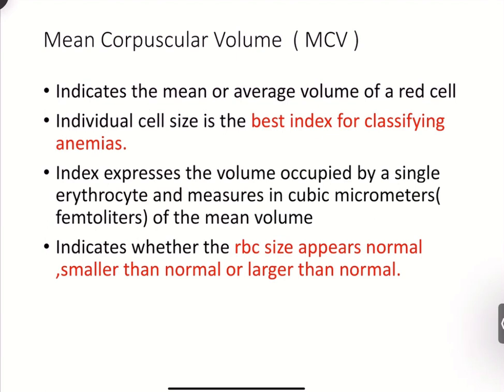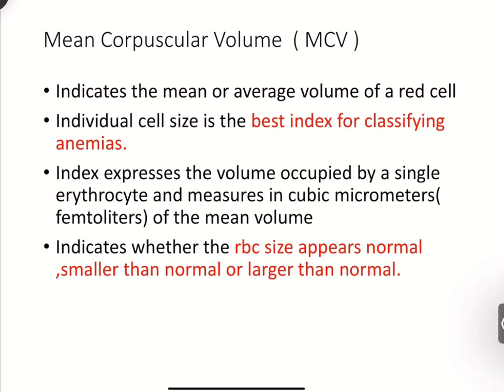This is best for classifying your anemia, especially those correlating with size, like hemoglobin C and hemoglobin S. The index expresses the volume occupied by a single erythrocyte and is measured in cubic micrometers or in femtoliters. So this is the mean volume.